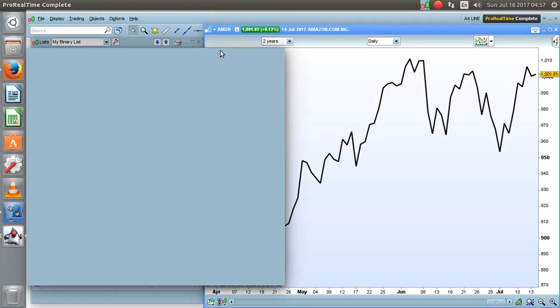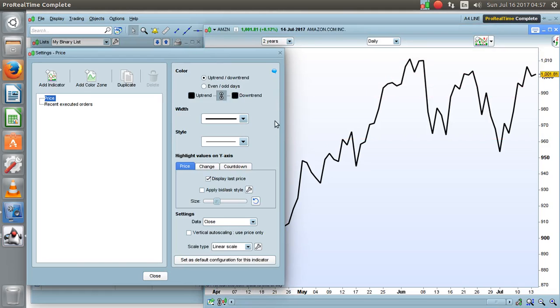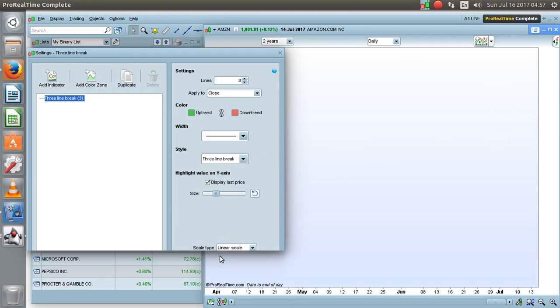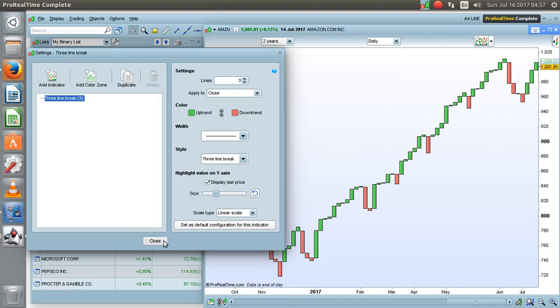Let me just switch over to what I really want to talk about in this first video. Let's go over to the tools. Here you see the style. Instead of a line chart, we change it and go down here to a 3-line break chart, and this is totally different. What makes this different?